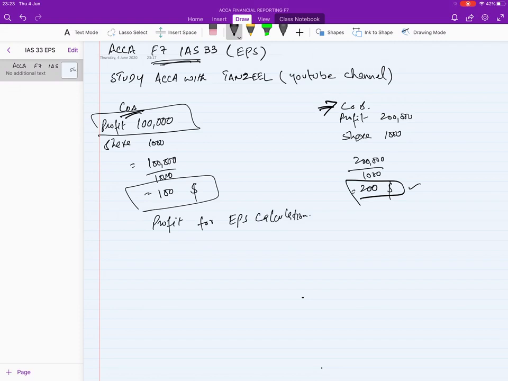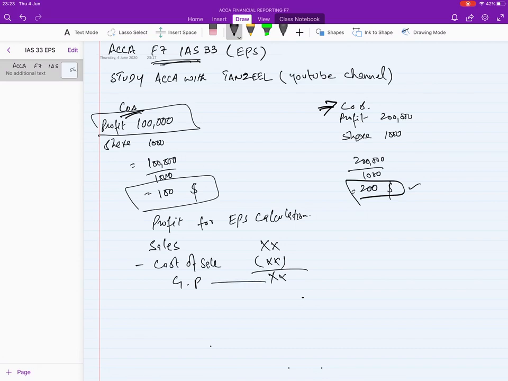I'll just draw a profit and loss statement. I'll start with sales. This is your sales, minus cost of sales. If you deduct cost of sales, this is your gross profit. So this amount is your gross profit.